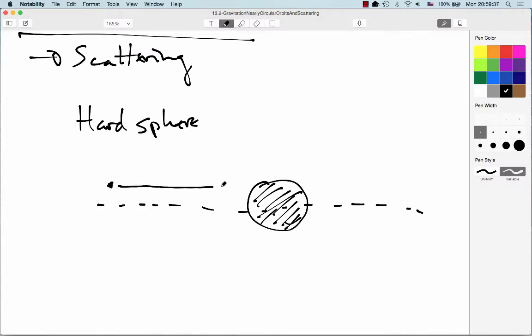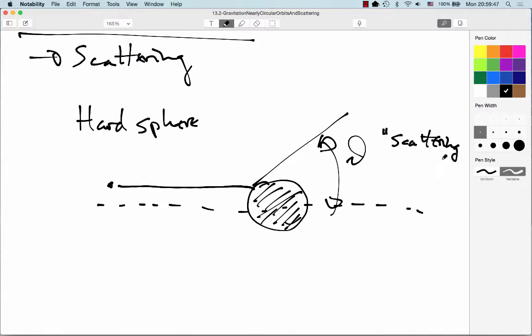It will come in and then it will scatter off through some angle theta that we call the scattering angle. What angle this is will be dictated by how high in you came in off the center line. So that's a pretty important number. We usually call that b, and its name is the impact parameter.